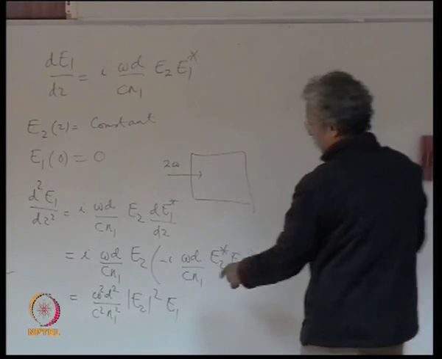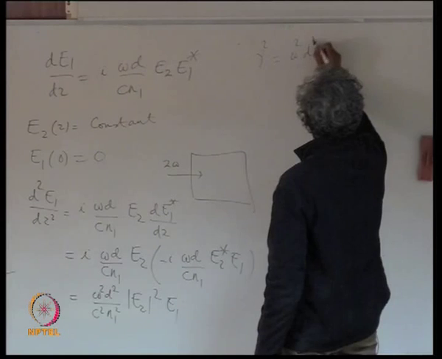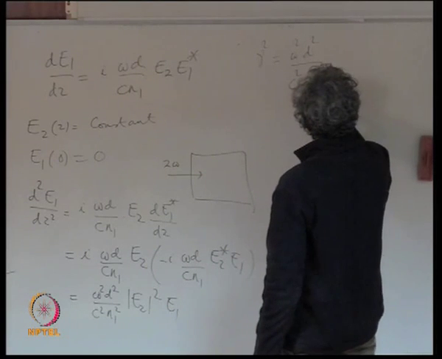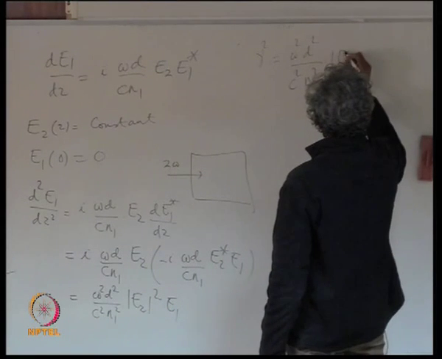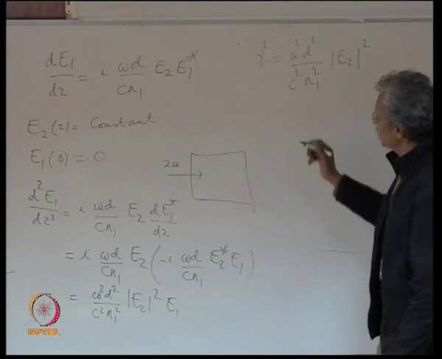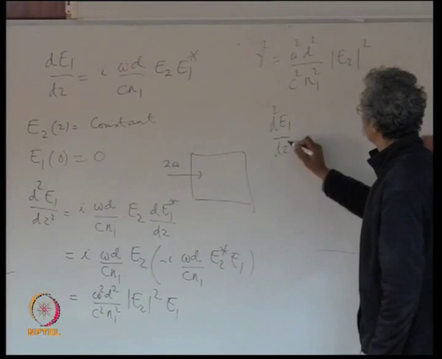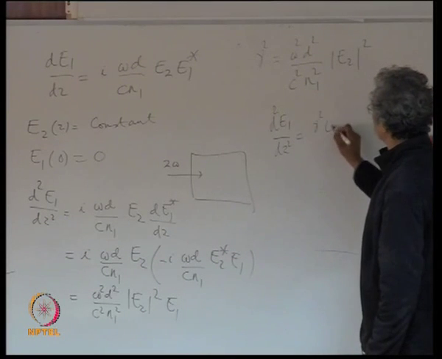Now let me call this gamma square, which is omega square d square by C square n1 square into mod E2 square. So this equation is simply d square E1 by dz square equal to gamma square E1.